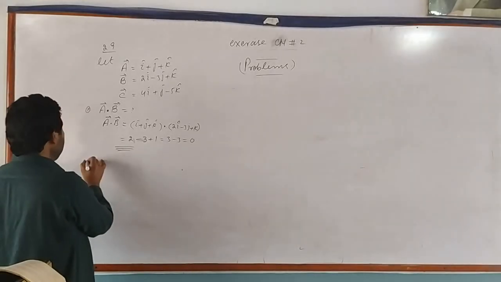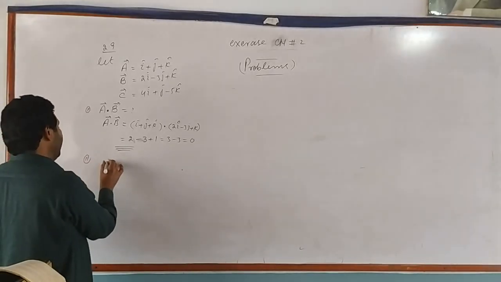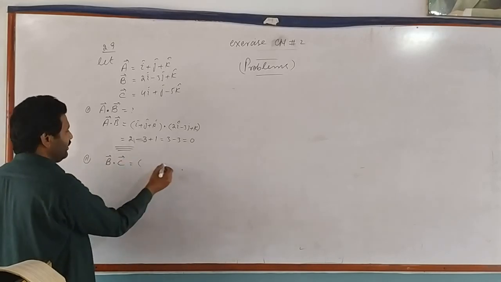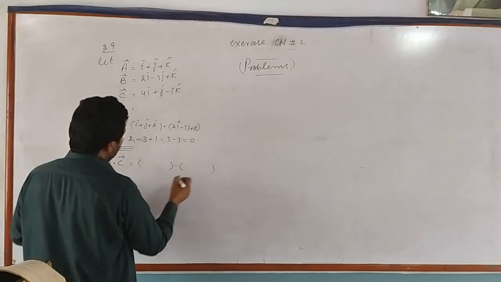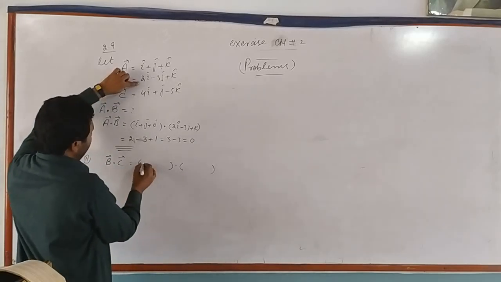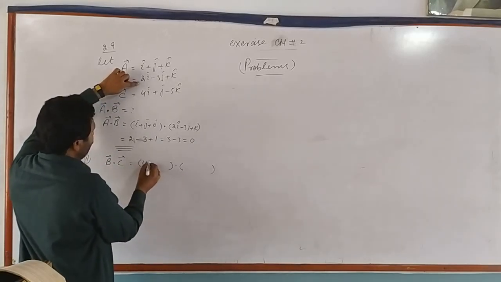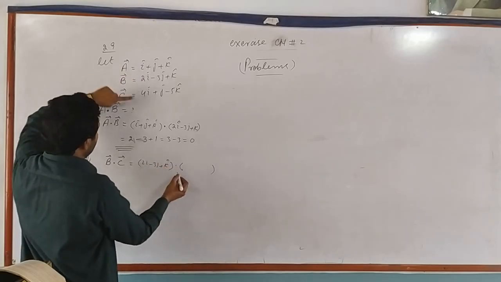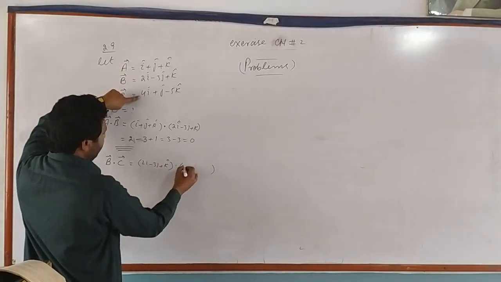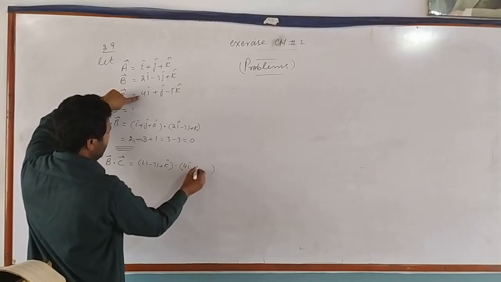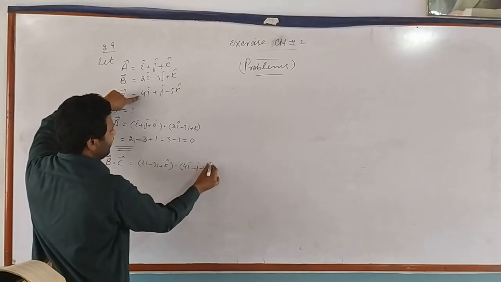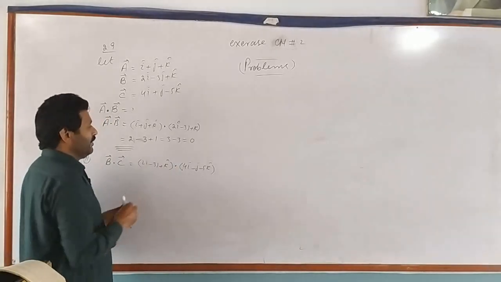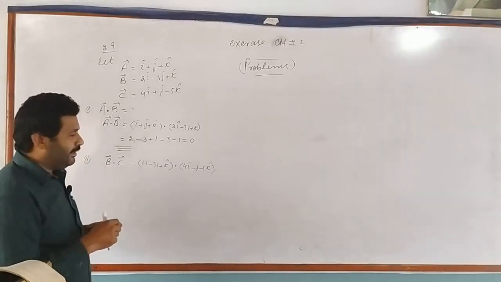Similarly, we multiply vector B with vector C by the dot product technique, putting the values of vector B in this bracket, 2i unit vector minus 3j plus k unit vector. Similarly, the vector C with values 4i plus j minus 5k unit vector. Now we multiply these six values by the dot product technique.